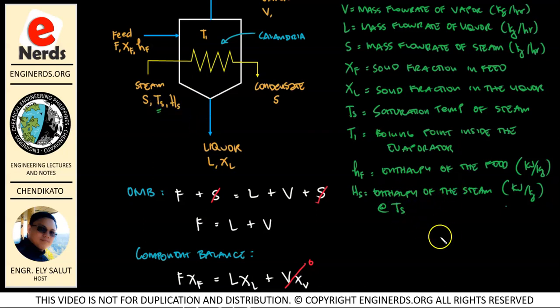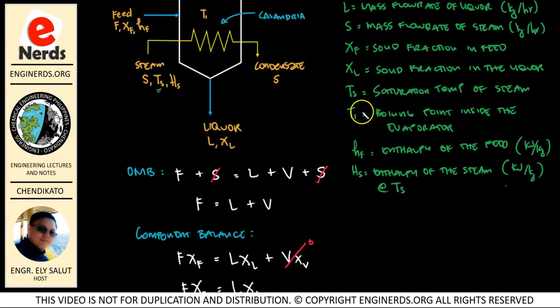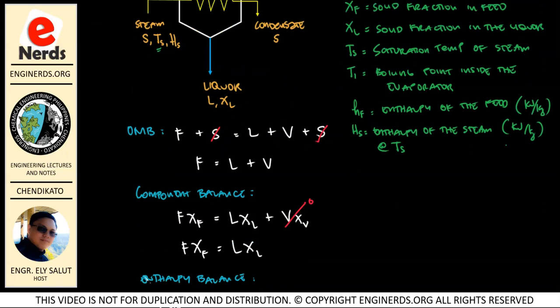Okay, so next is our enthalpy dito sa ating vapor. Okay, so this is in gaseous phase, so this will be capital HV, no? So we have our HV, which is the enthalpy of saturated vapor.